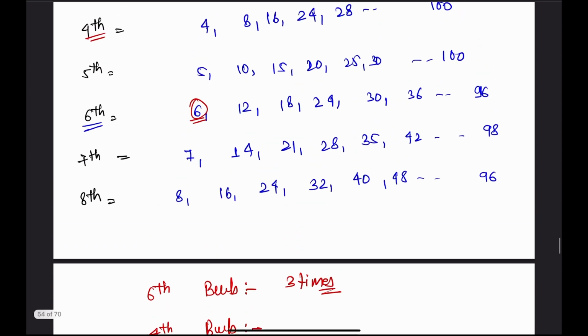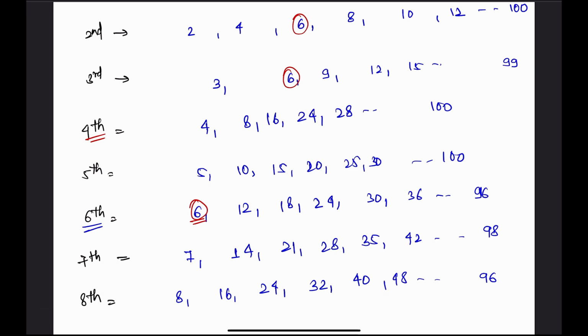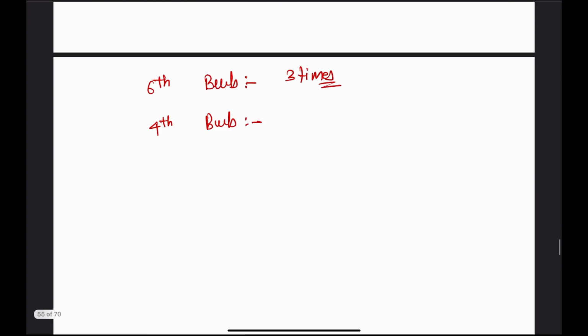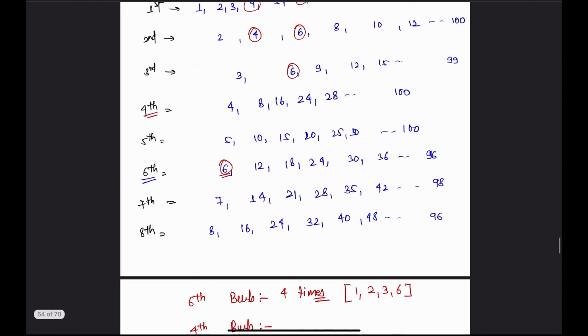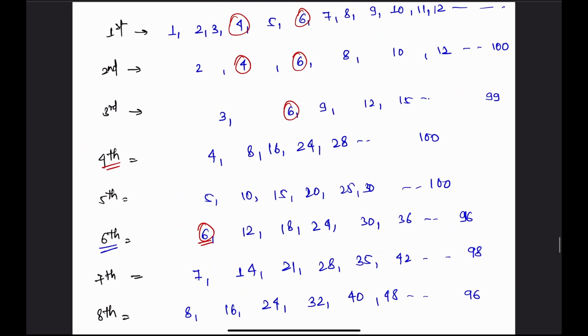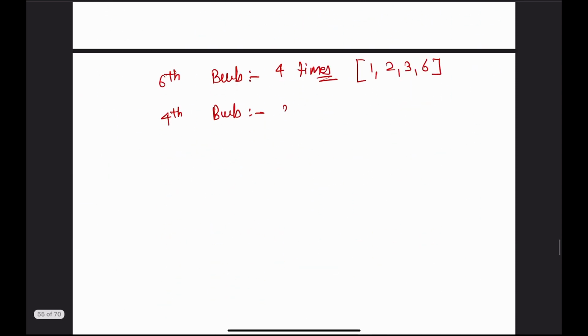For the fourth bulb, how many times is it changing? Here also the persons 1, 2 and 4 will change it, so 3 times.